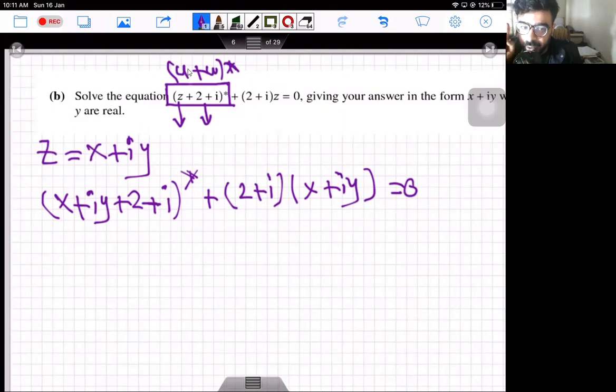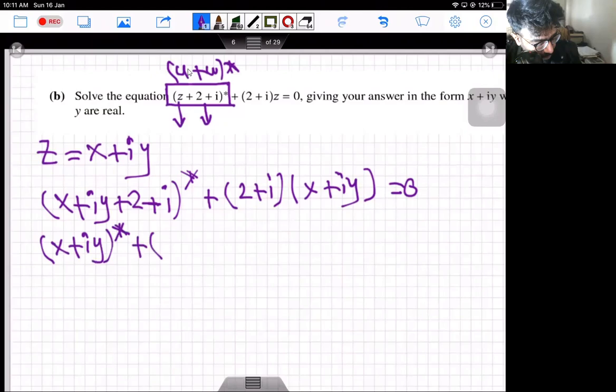Okay, this will be exactly equal to the conjugate of u plus the conjugate of w, which we have proved in part A. So in place of this whole thing, the conjugate of x plus iy plus 2 plus i, I can say that this is exactly equal to the conjugate of x plus iy plus the conjugate of 2 plus i. Okay, and then we have 2 plus i multiplied by x plus iy.